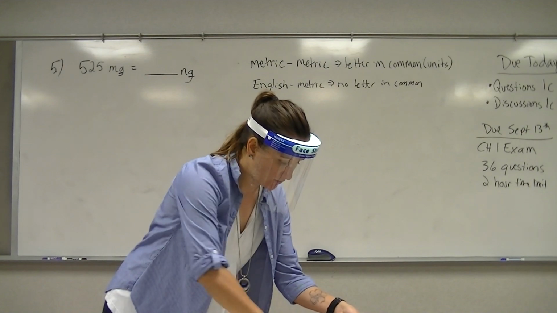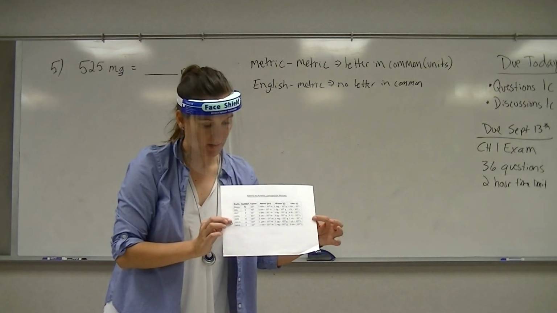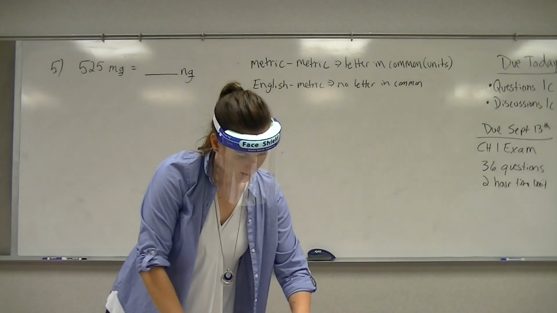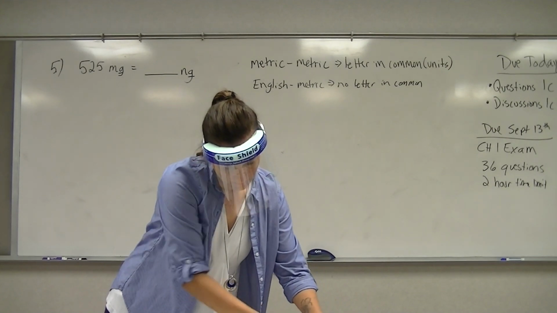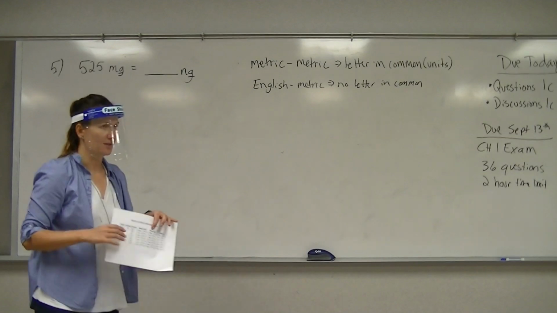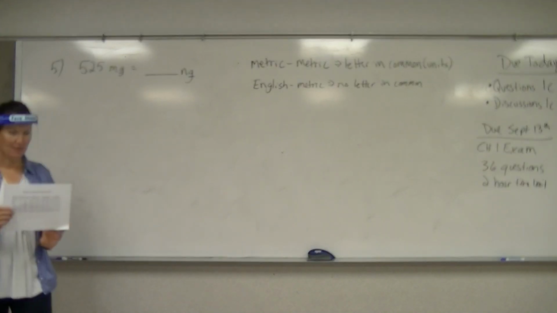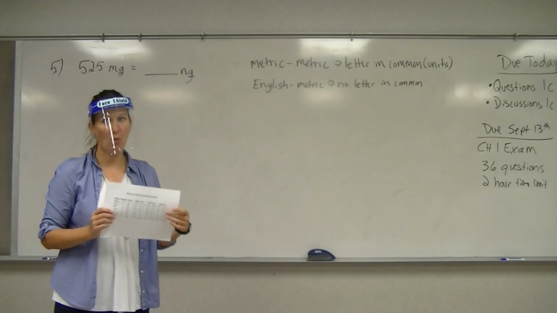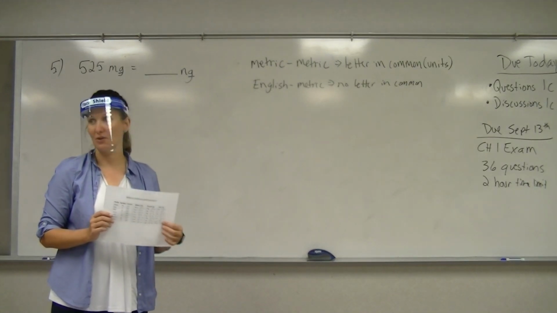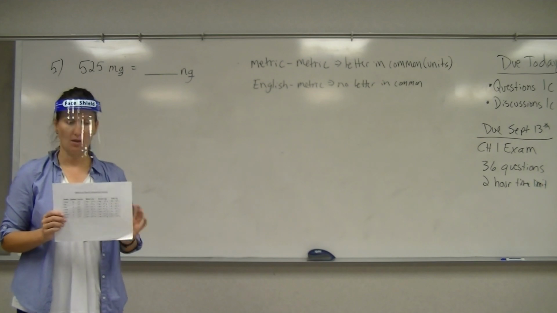The metric to metric is this sideways one here, the horizontal one. And I don't think I have an English to metric one with me. The English to metric one is the up and down one, but they're both posted on Blackboard. So if you don't have copies of these, you'll want to at least have them open on your computer when you take the exam. You're going to be using these a lot. Okay.